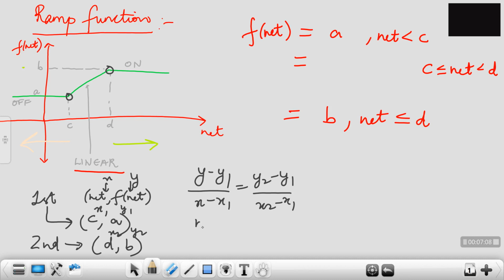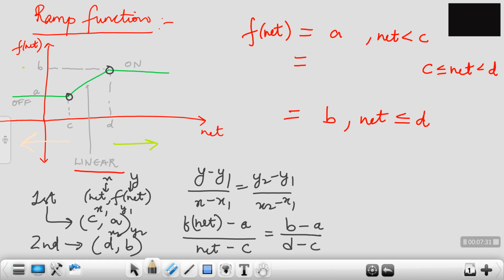So I replace here, y is f of net minus y1. What is y1? A. And x is net minus c is equal to b minus a upon d minus c.